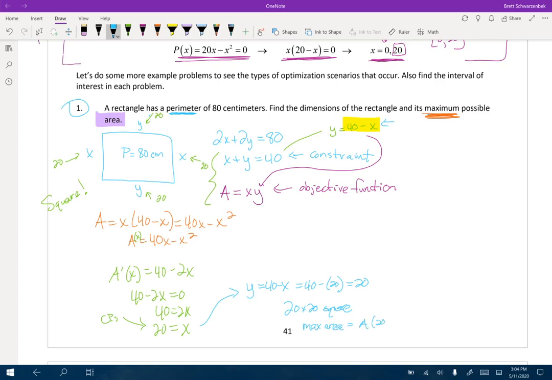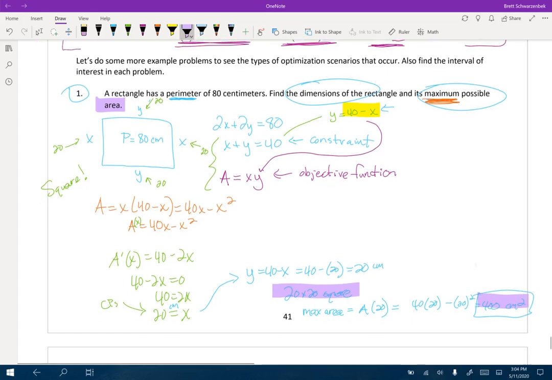You can also do 20 times 20, that's fine, but you can also do this and get 40 times 20 minus 20 squared, which is going to give you 400 centimeters squared. So note these are in centimeters, but that's going to be your result. So it did ask for the dimensions and the maximum possible area, so your answers are 20 by 20 centimeters and 400 centimeters squared. That is the optimization.